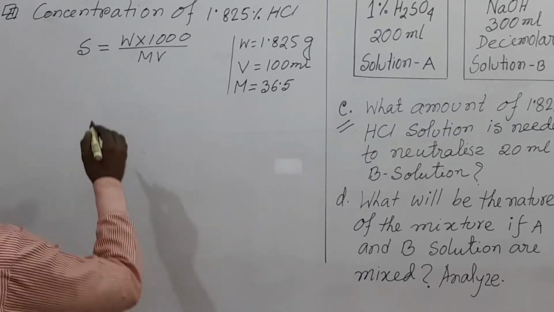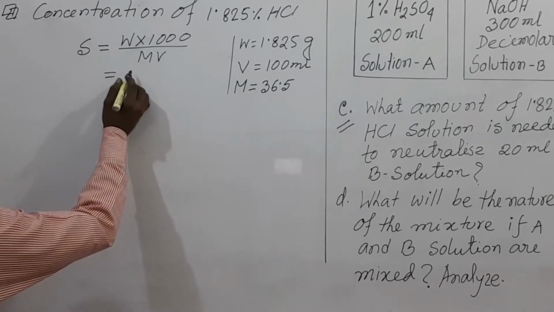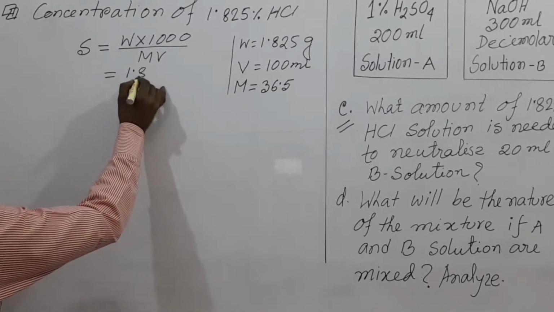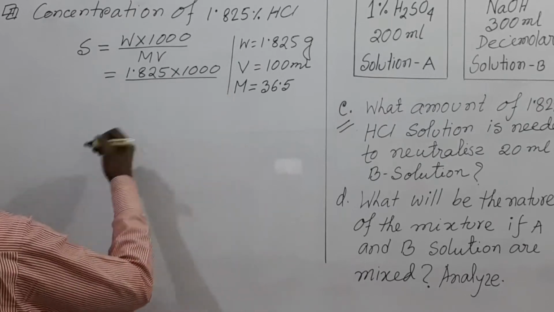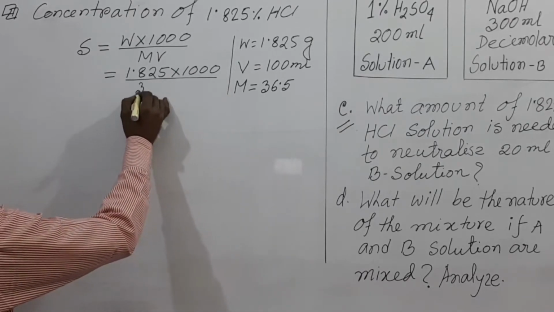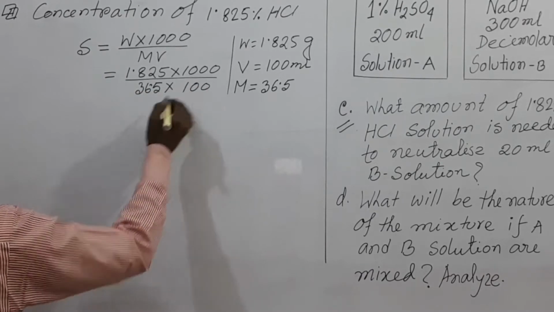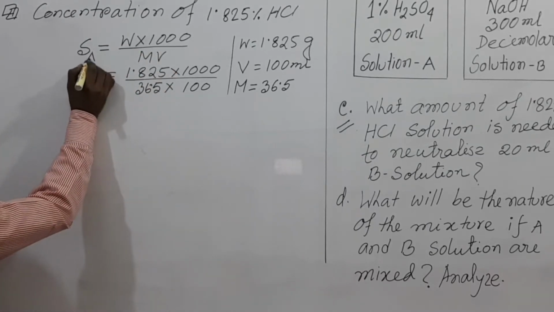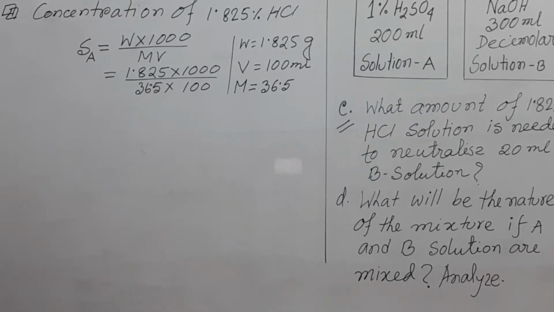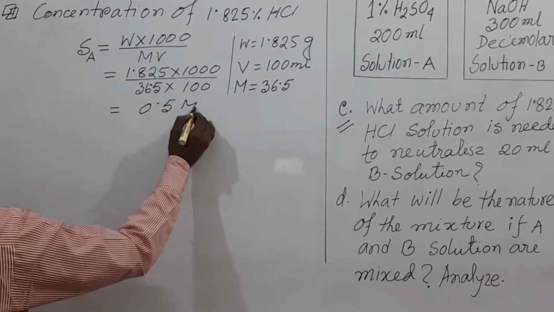So, my dear students, concentration of hydrochloric acid is W, 1.825 into 1000 divided by 36.5 into 100. We can say that the concentration of hydrochloric acid is SA because HCl is an acid, and we get the concentration is 0.5 molar.